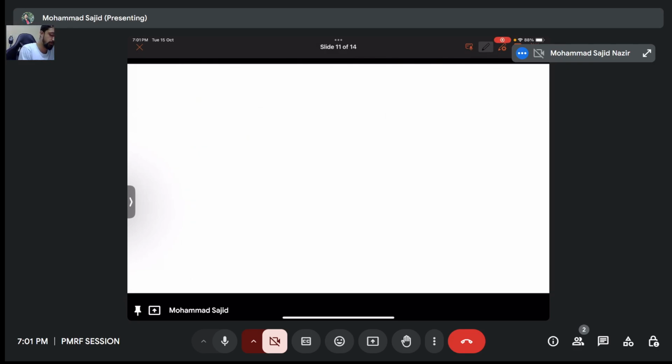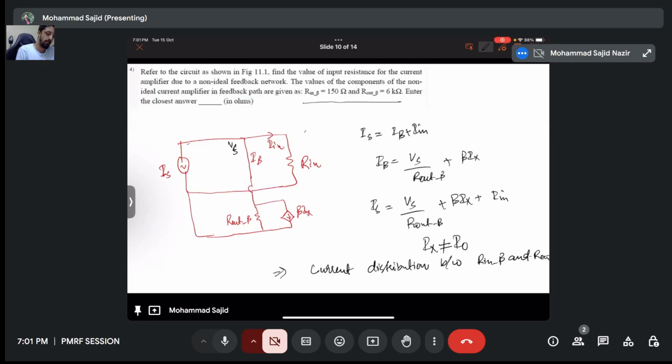So my Ix will be R out divided by R out plus R in underscore beta. So it comes out to be 0.96 times I naught. So now I substitute it here.